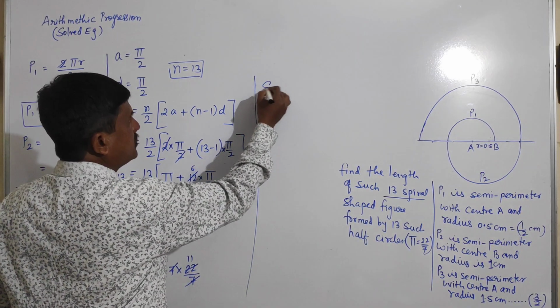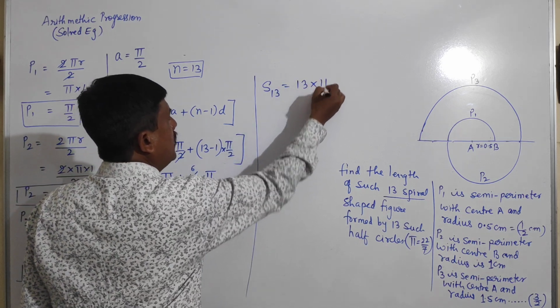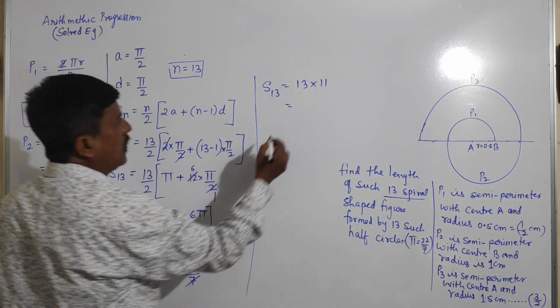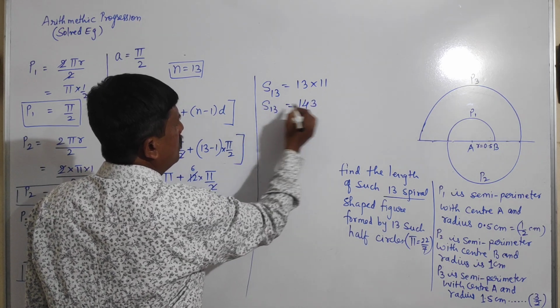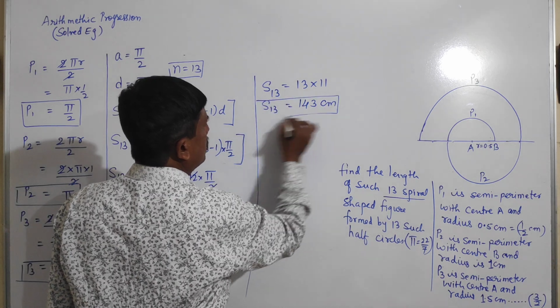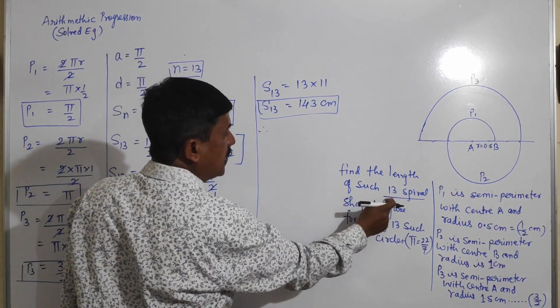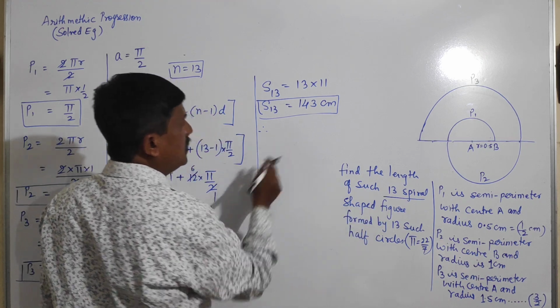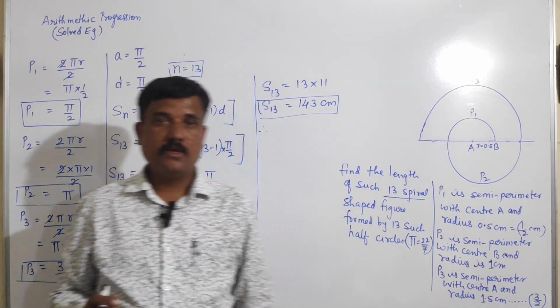Therefore the value of S13 is 13 into 11. Now 13 into 11 is 143. Therefore, the length of such 13 spiral shaped figure is 143 centimeter.